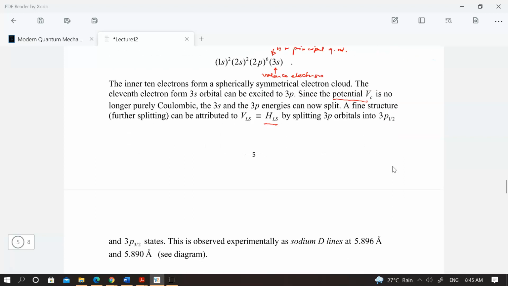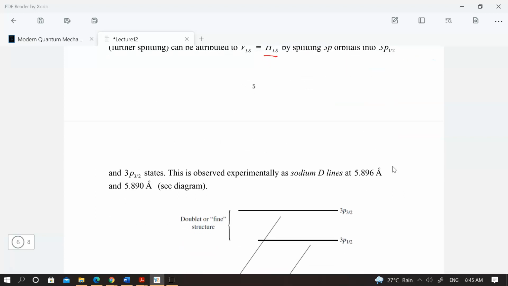So let's see what it does. Your p orbital will be split into two, which is your p1/2 and your p3/2.